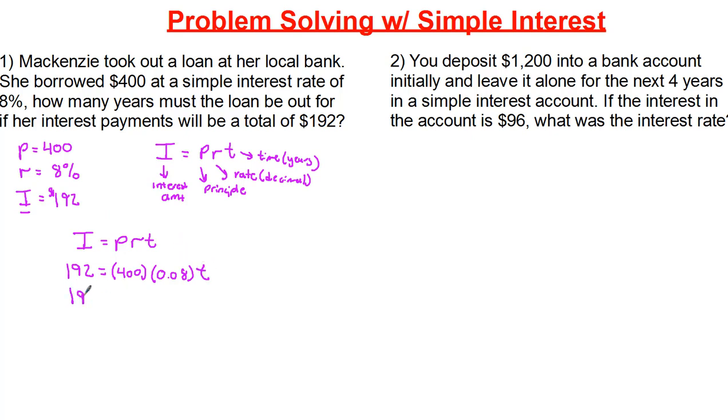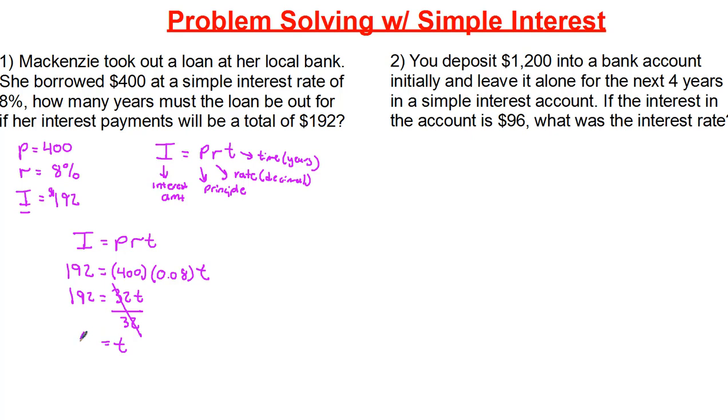So now we got 192 is going to be equal to 400 multiplied by 0.08. When we multiply that out, we get 32. So 192 is equal to 32T. Now, to get T by itself, we're basically saying 32 times what number equals 192. So if I just divide this side by 32, I get T all by itself, and then I just got 192 divided by 32.